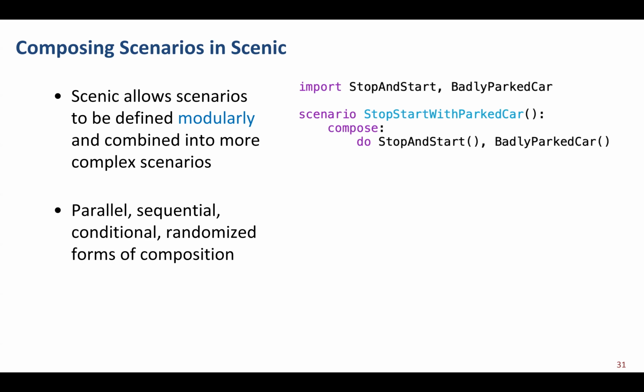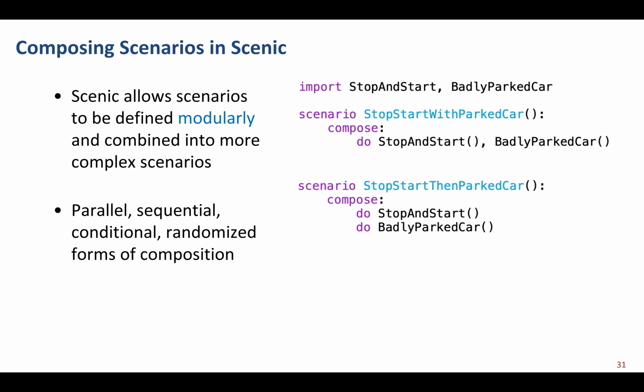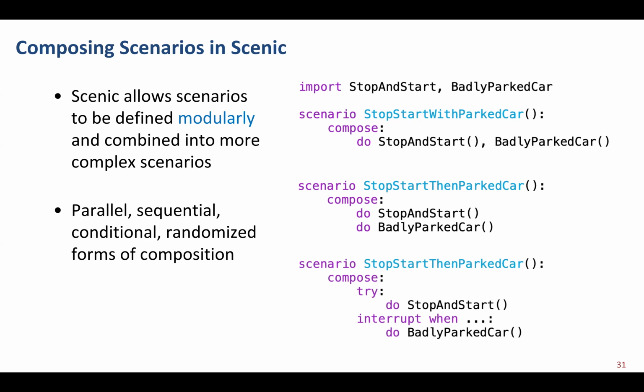And so here's what the syntax looks like. I think Daniel might have introduced this, but it might have been a little quick yesterday. So for instance, here I have two scenarios, a stop and start scenario and a badly parked car scenario. And now what I can do is, in the first case, compose them in parallel, so they happen simultaneously, concurrently. In the second case, I do the stop and start first and then a badly parked car next.